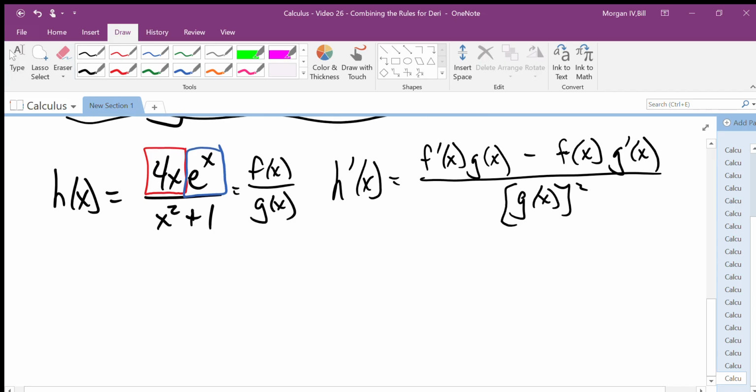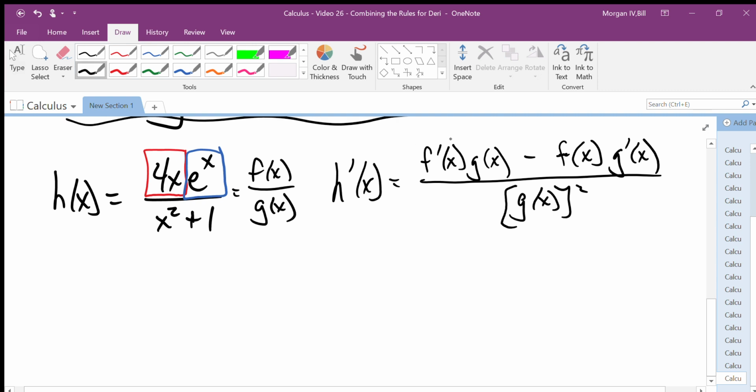Okay, so let's try it out. The first thing we have to do is f prime of x, the derivative of the numerator. But the numerator consists of two functions being multiplied. So in order to do f prime of x, just to do this part right here, that requires a product rule. We have to use the product rule just to get f prime of x.